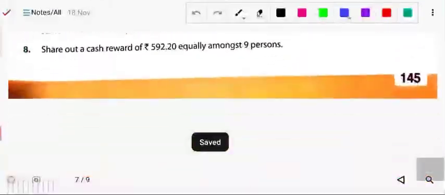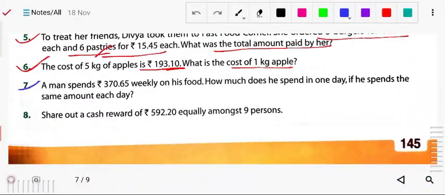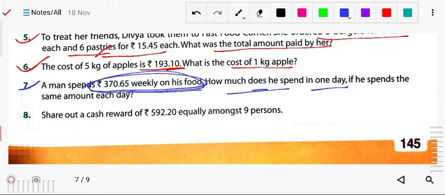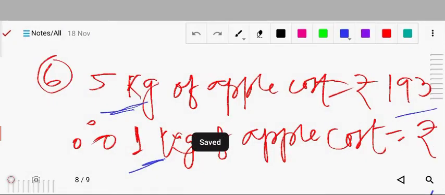Let's see the next question, which is number 7. A man spent rupees 370.65 weekly on his food. Okay, in a week. We have to find how much he spent in one day. Weekly means he spent 370.65 in 7 days. In 1 week, how many days? 7 days. So you can simply write like this.